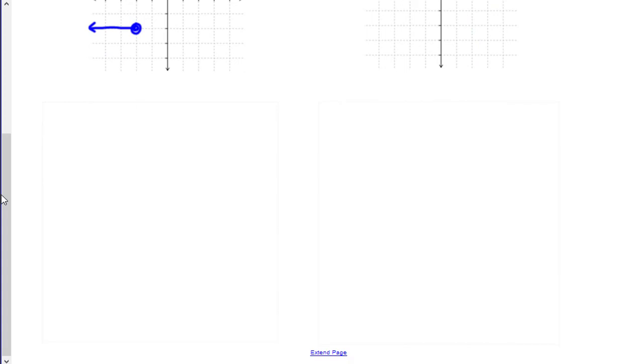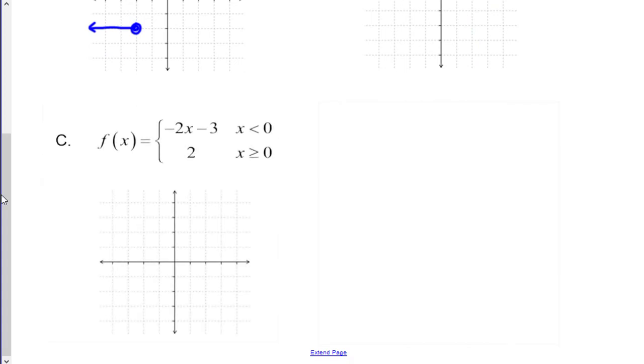Okay, another example here. A little bit more complex, but we still have a constant function and a linear function. Now there's no reason you can't start with the constant function. So if I'm trying to draw this, I know that I have this kind of division at x equals 0.